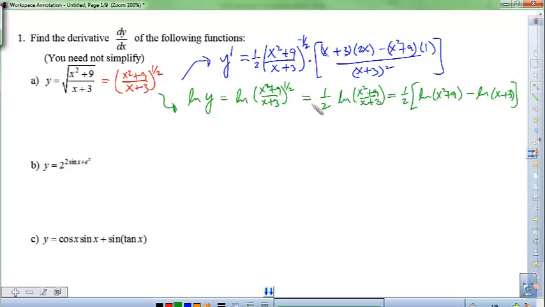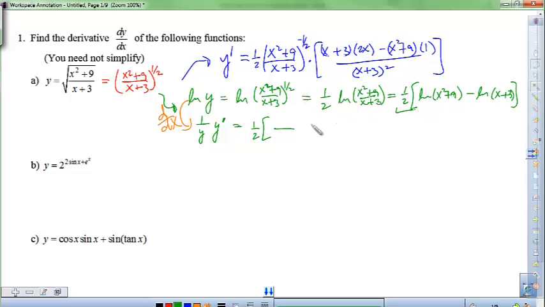So if we want to go from here, remember that this isn't y prime yet, this is just y. So if we take d/dx of this, we would get 1 over y times y prime is equal to, and now let's just focus on this part right here, there's a 1/2, big parentheses, and the derivative of each of these terms.